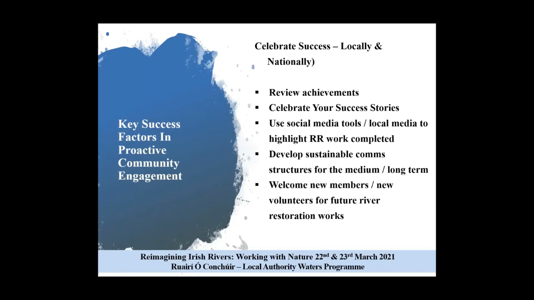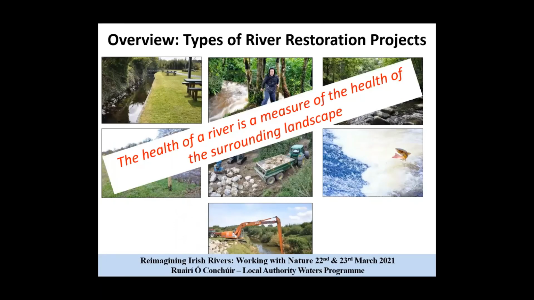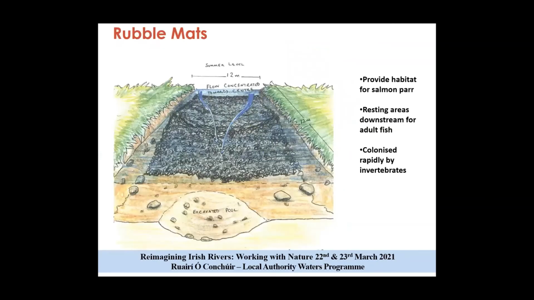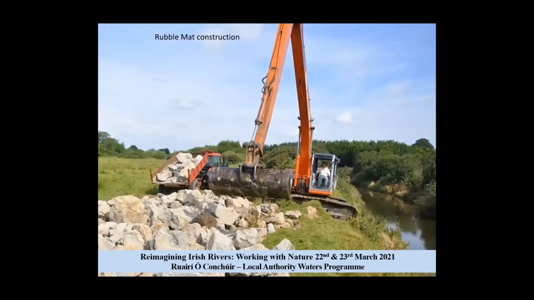And then in terms of an overview of actual river restoration projects, there's multiple types. We've talked about some of them already yesterday and again today. I'm just going to give a quick overview of some of the projects that I've been involved in. So again, looking at the Mulcair River, a drained river catchment, an important SAC, an important SPA, put in rubble mats in a 5.5-year period to provide habitat for juvenile salmon. These are in-stream measures that basically add complexity into a riverbed.